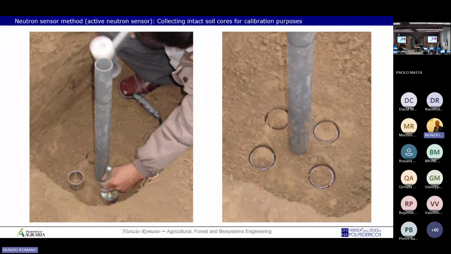And you can see here, this picture just tries to answer a couple of questions that we received today: collecting using steel cylinders for undisturbed soil cores, to have a quantification of the average soil water content, but also to have an idea of the uncertainty of our measurement, even for calibration purposes.